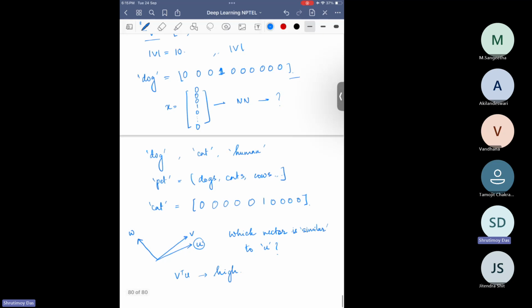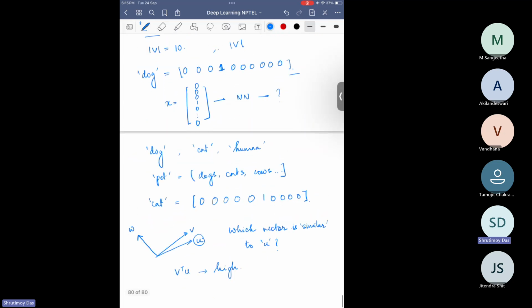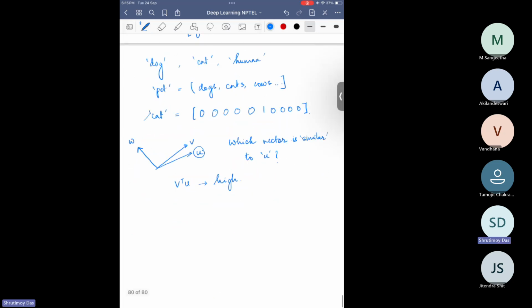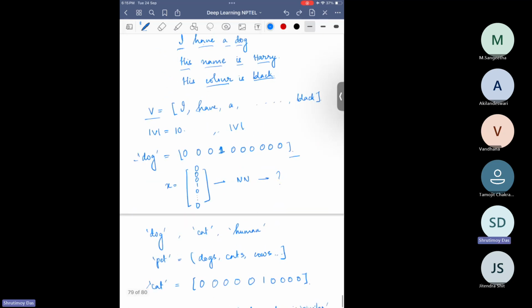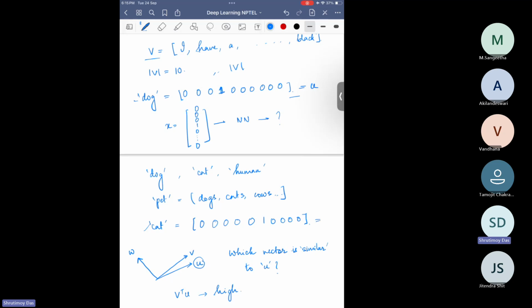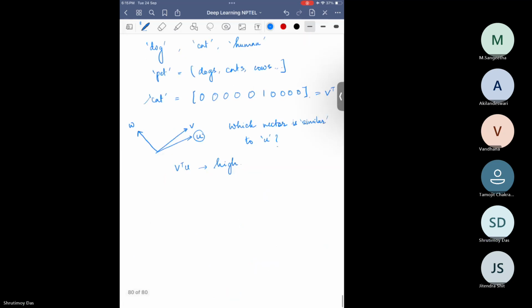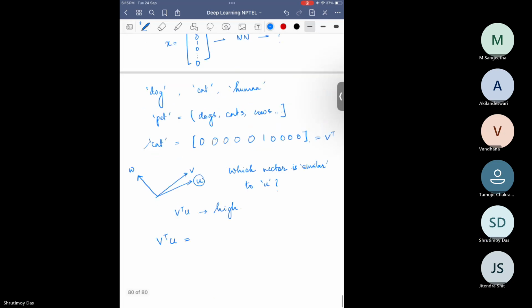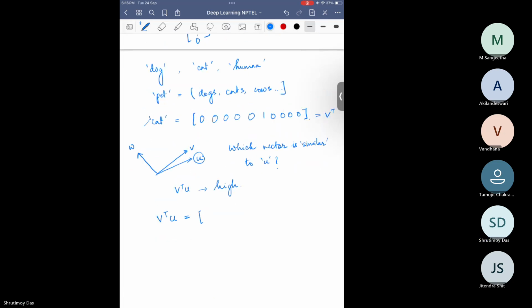But now, if we have these two vectors of dog and cat, we want dogs and cats in a certain vocabulary to be the same. But let us see what happens. This is my vector u, and this is my vector v. If I do v transpose u in this case, what do I get? So here 0, 0.